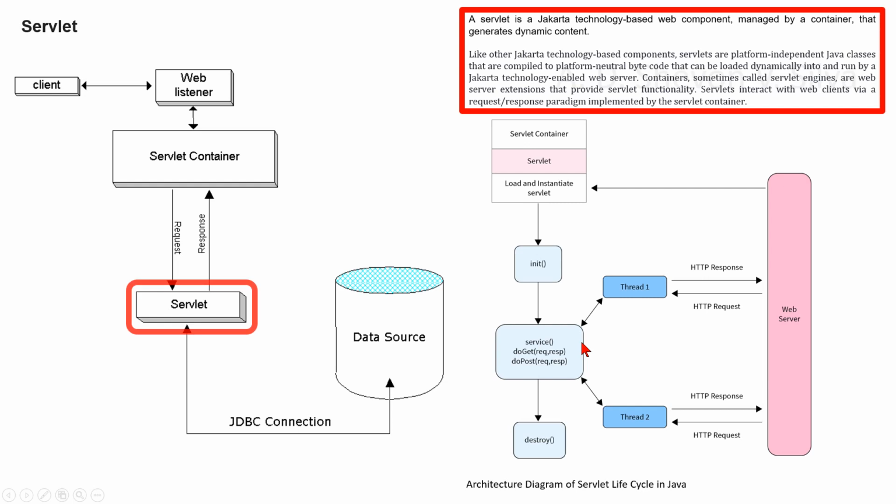An UnavailableException signals that the servlet is unable to handle requests either temporarily or permanently. If permanent unavailability is indicated by the UnavailableException, the servlet container must remove the servlet from service, call its destroy method, and release the servlet instance.